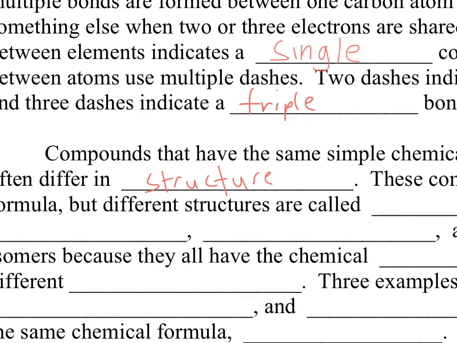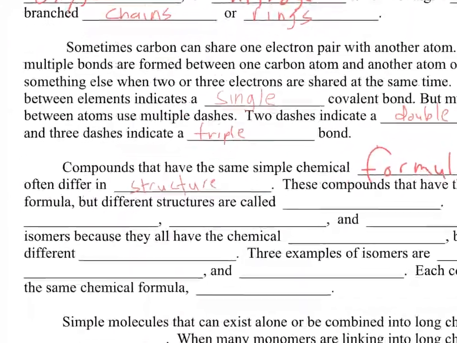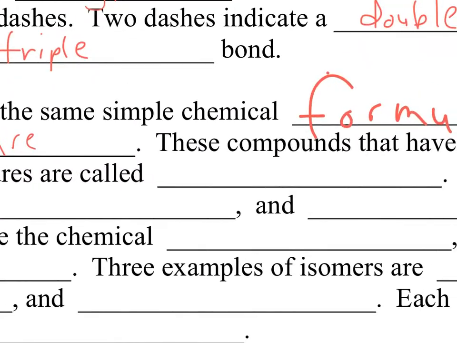So what that means, it says these compounds that have the same formula but different structures are called what? What was the word we had for that yesterday? Think back to yesterday. Starts with the letter I. Isomer. Good. It's called an isomer.